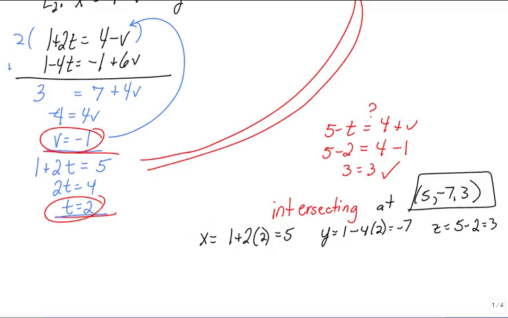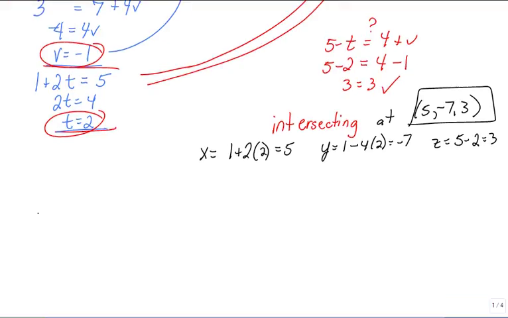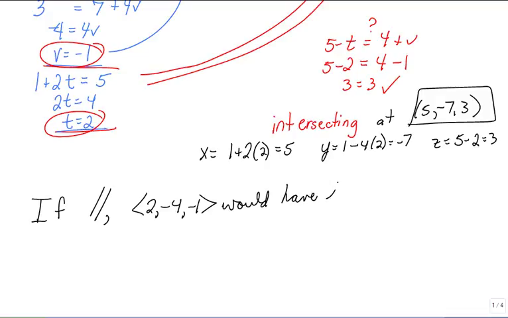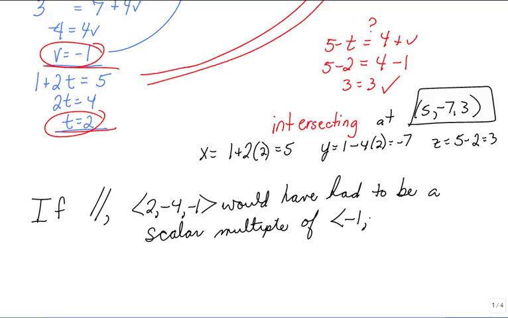Okay, if these were parallel, then 2, negative 4, negative 1 would have had to be a scalar multiple of the other direction vector.